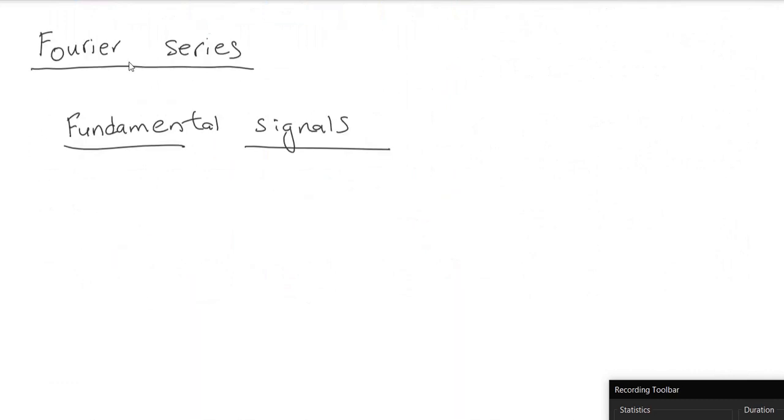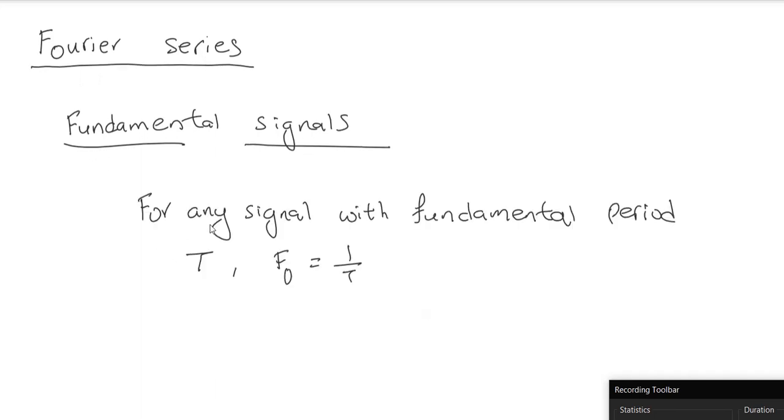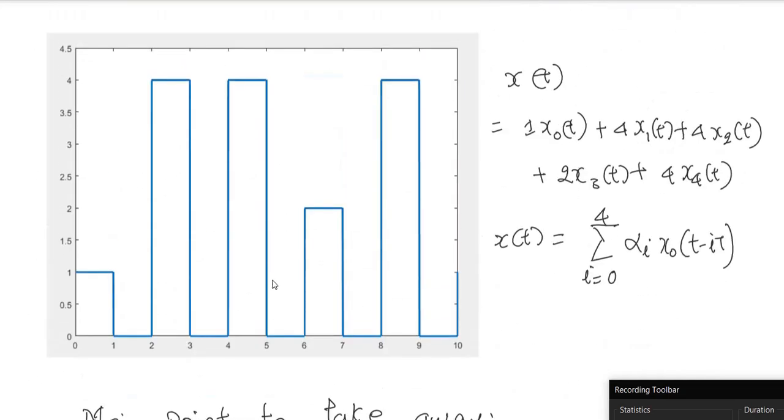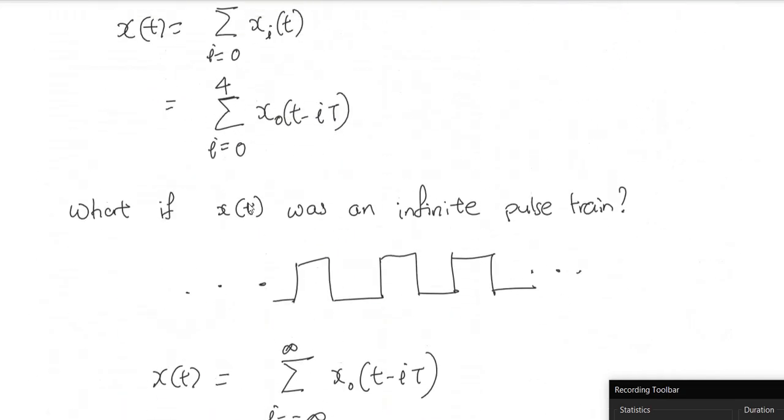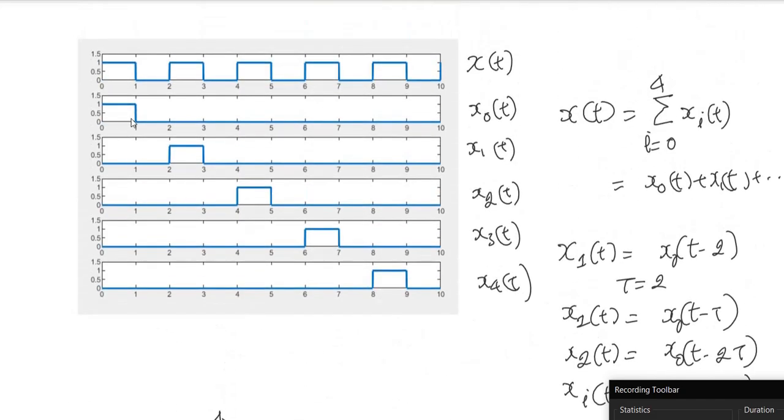So now let's talk about Fourier series. For Fourier series, we make a very specific choice of fundamental signals. Say we have a signal, in fact any signal with fundamental period T or f0 equal to 1 over T. Note the difference here. When we were talking about this example, the fundamental signals were these pulses, right?